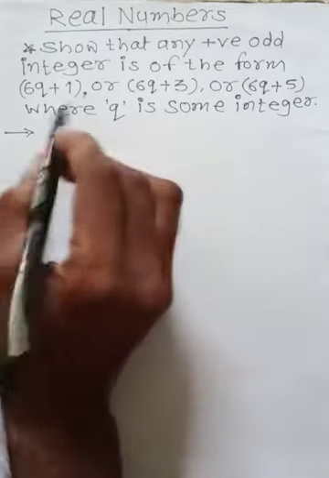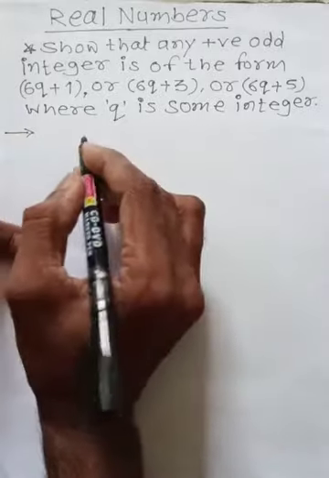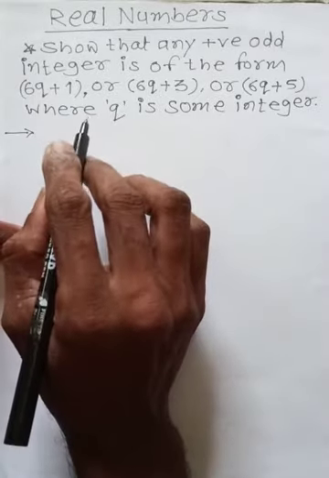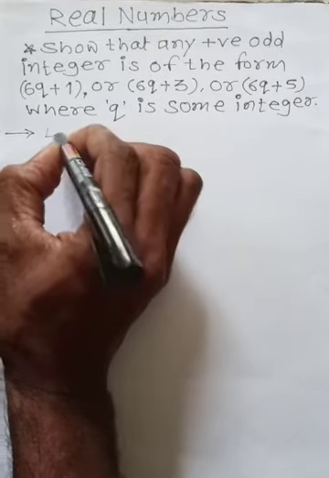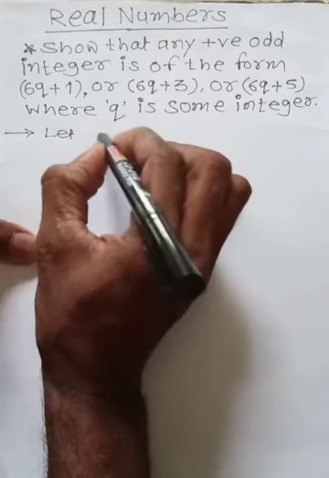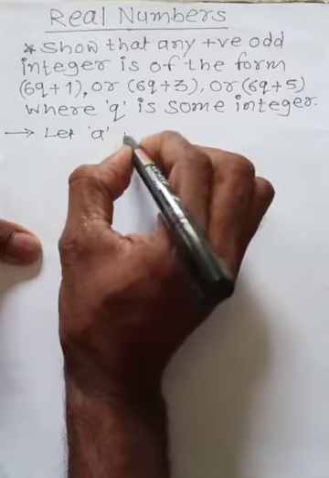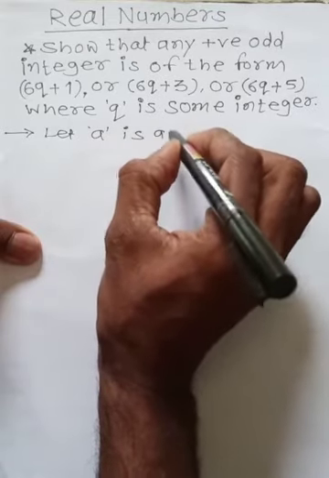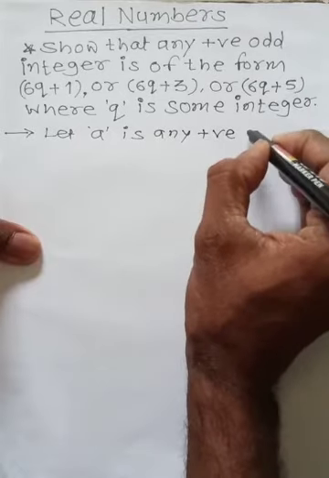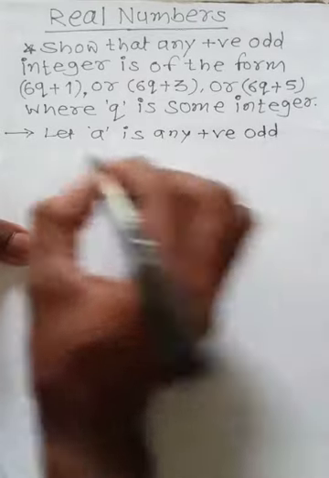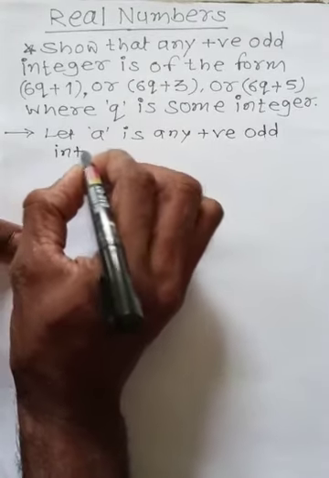Now we write the solution for it. Let a be any positive odd integer.